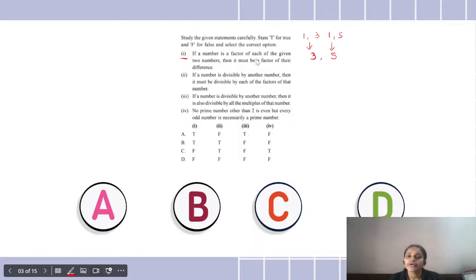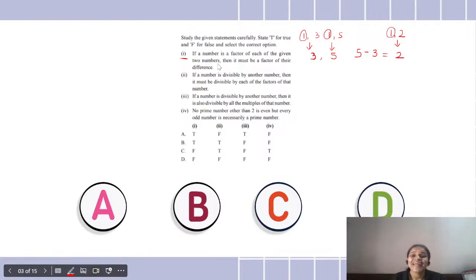So if a number is a factor of the given two numbers, then it must be a factor of their difference too. If I subtract 3 from 5, what do I get? 2. And what are the factors of 2? 1 and 2. So same, right? We get 1 as a factor of 3, 1 as a factor of 5, and 1 as a factor of their difference also.